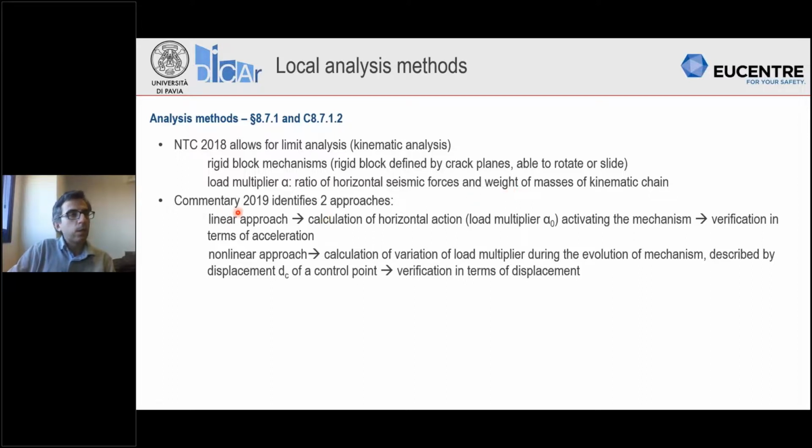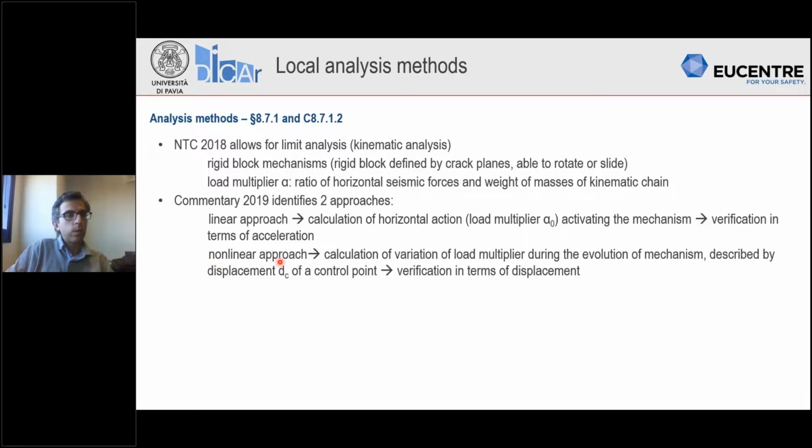In the commentary to the Italian code, two approaches are presented. One is the linear approach, consisting in calculating the horizontal action load multiplier alpha 0, corresponding to the activation of the mechanism. This leads to a verification in terms of acceleration.